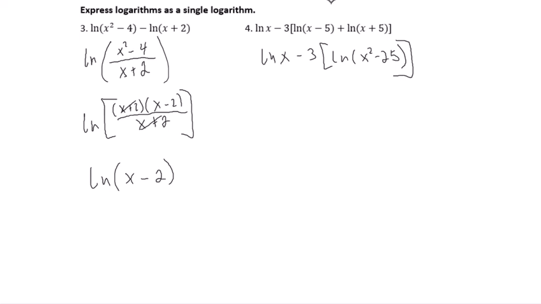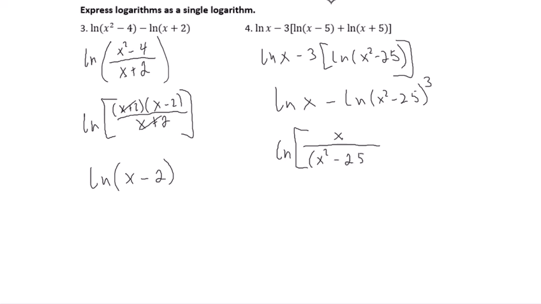Now we have a 3 out in front, which becomes an exponent. So that's ln of x minus ln of x squared minus 25 cubed. And then that minus means division, so we're going to do ln of x over x squared minus 25 cubed.